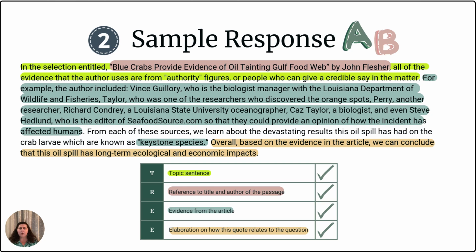They started off with a great transitional word. For example, the author included, and then they listed all the different credible sources, which is wonderful because that lets your teacher understand that you read the article, number one. Number two, you're understanding the main point of the article.